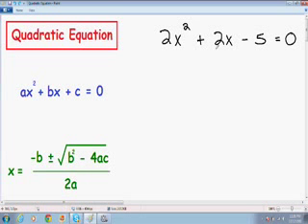The B is always the number in front of the x term, or the middle number. And the C is always the number that is not attached to an x term. So for this example, our A is 2, which is in front of the x squared term. Our B is also 2, because the 2 is in front of the x term. And our C, the number with no x term, is negative 5.